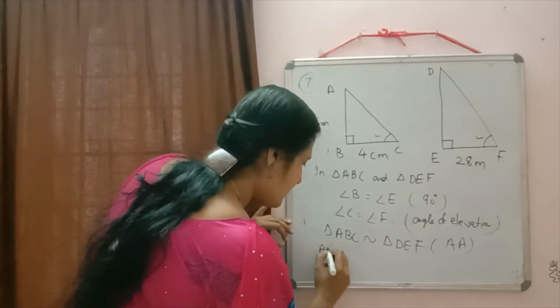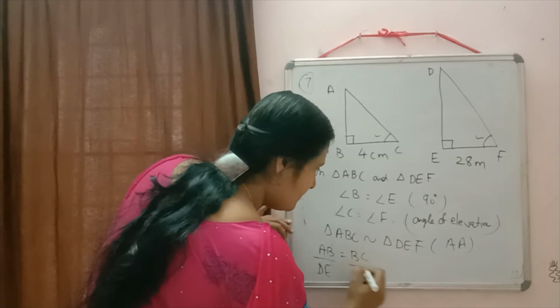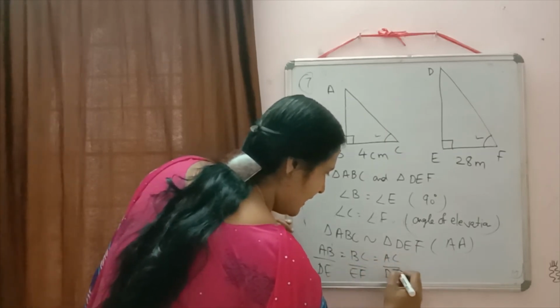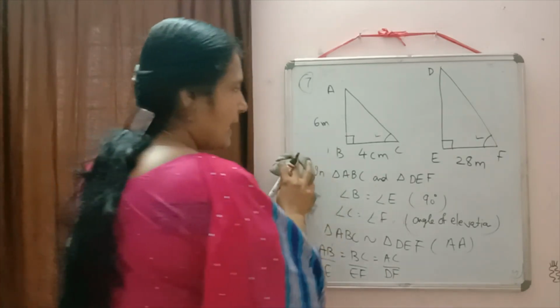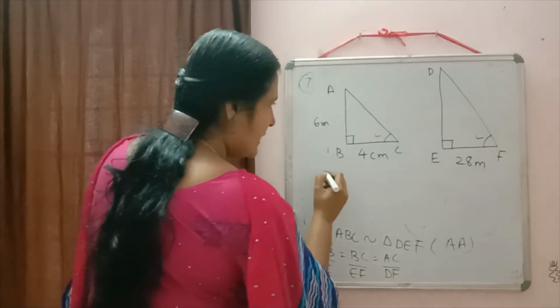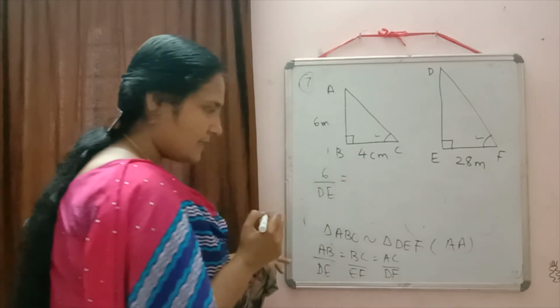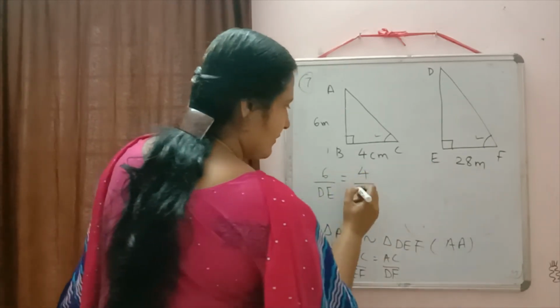So we'll write down the ratio: AB by DE is equal to BC by EF is equal to AC by DF. Now which one we need? That we will use. AB is given, so we'll use AB. AB is given 6 by DE, we have to calculate. Write down as it is. BC is given 4 and EF is given 28.